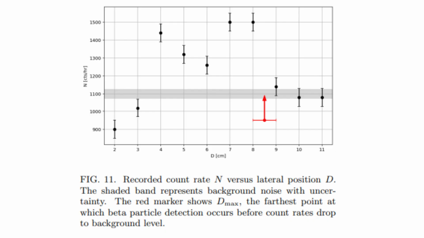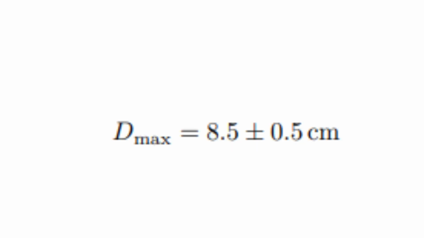In our procedure, we took data with the Geiger-Müller detector in 1 centimeter steps. We moved it and recorded the count rates for every point. We found that the maximum lateral distance, D max, before beta counts dropped to background level was 8.5 centimeters.